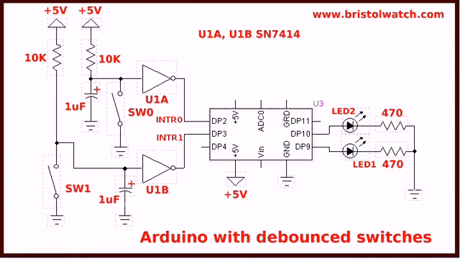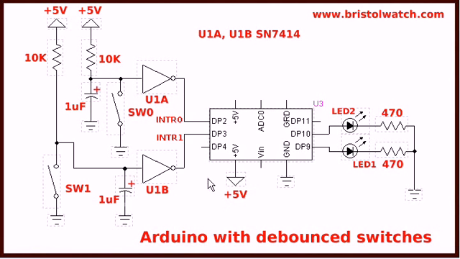Here is the diagram of my actual Arduino test circuit. I drew a simplified version of an Arduino Nano. And in this case, I have connected 2 switches. I had to debounce my switches that are connected to digital pin 2 for interrupt 0 and digital pin 3 for interrupt 1.